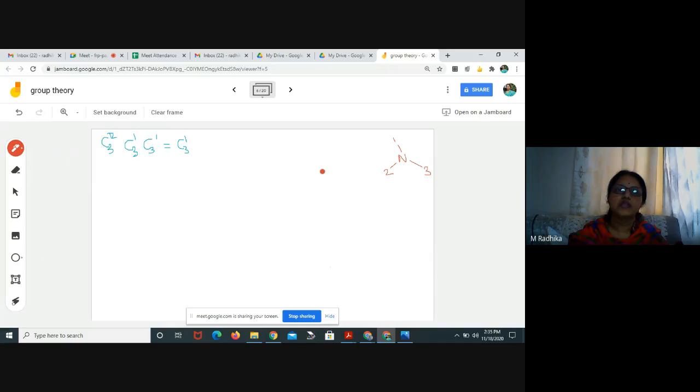Fine. So first I will do C31. C31 means I should rotate clockwise, only one part. So I will have nitrogen. Now you can see that 1 is coming here, 3 is coming here, and 2 is coming here. So this is C3. Then I am saying C32 is the inverse of C31.